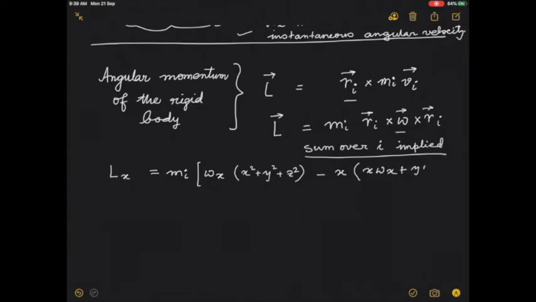So x component of r is just x. And then A dot B, which is x omega x plus y omega y plus z omega z.